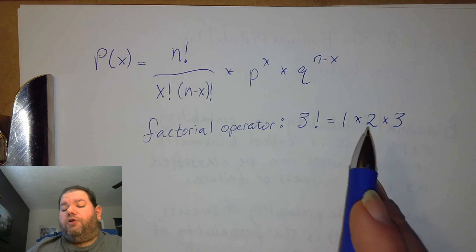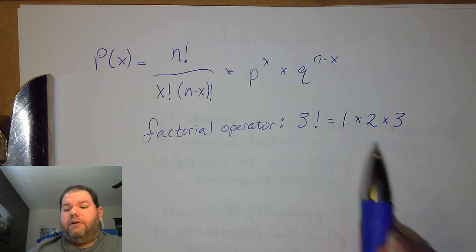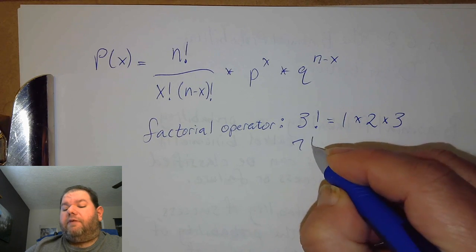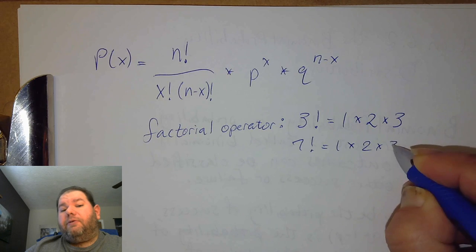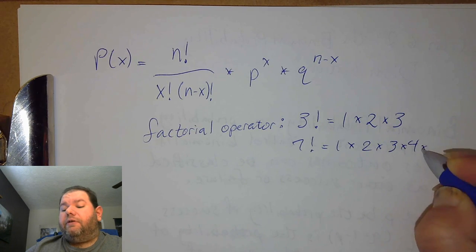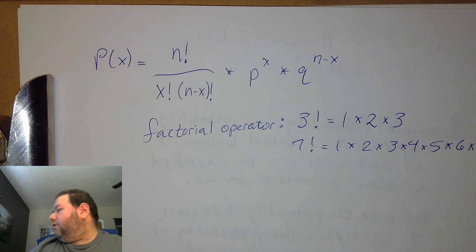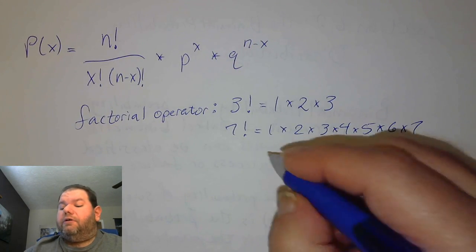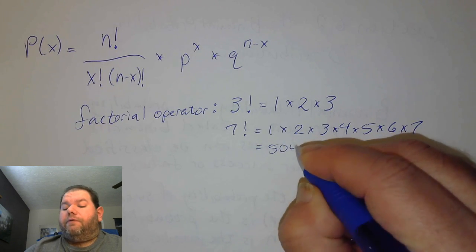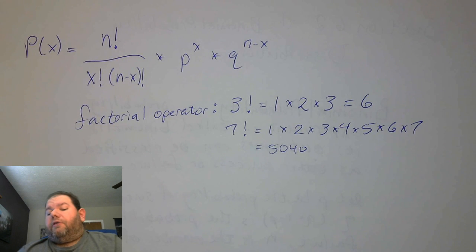We multiply all the numbers from 1 up until we get to this number listed here. So if we had 7 factorial, we'd have 1 times 2 times 3 times 4 times 5 times 6 times 7, and we just multiply all of those together, and that's 5040, of course.